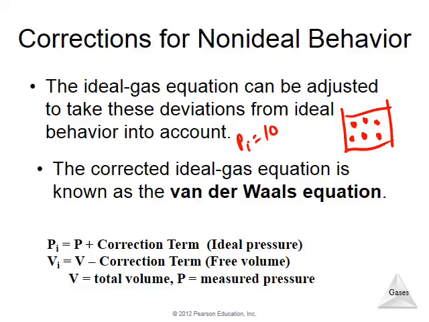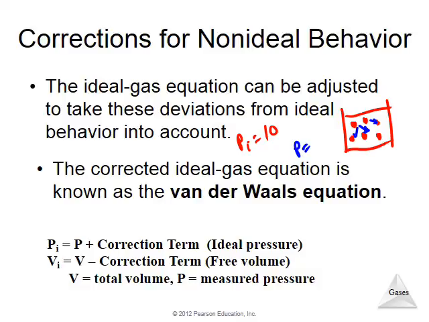Now assume that they do attract each other. That means these molecules, which are approaching the surface of the container, would be attracted to other gas molecules. So would you expect the actual pressure that you measure here to be 10? Our common sense would say it has to be less than 10, because some of these gas molecules are slowed down or even stopped by the other molecules because they attract.